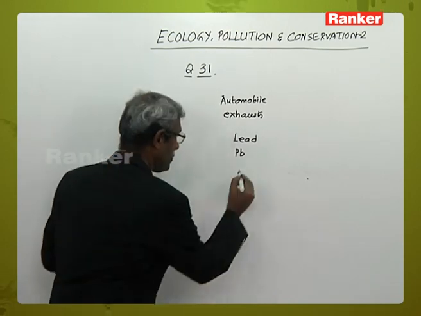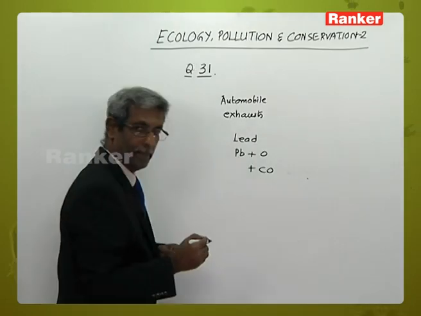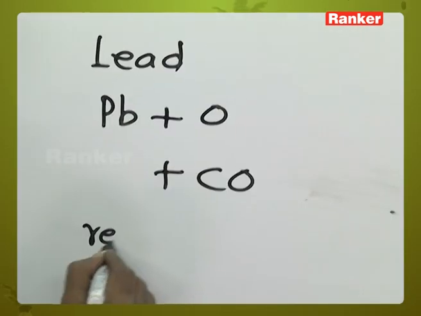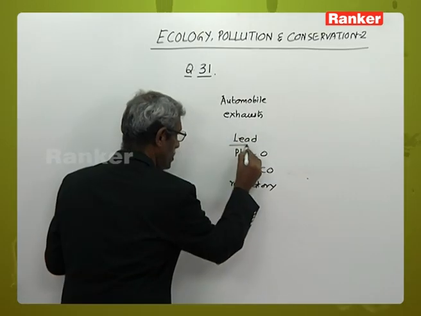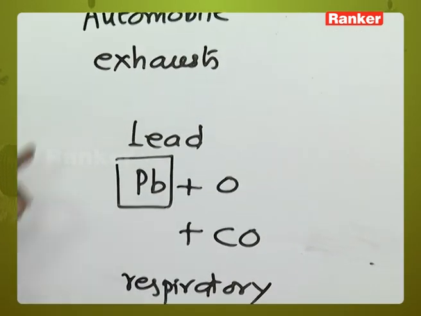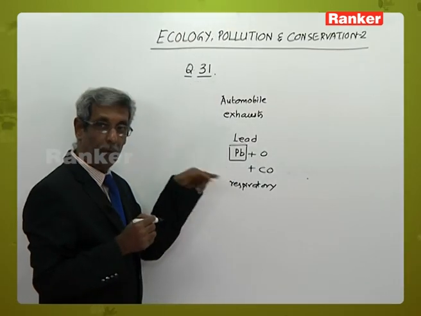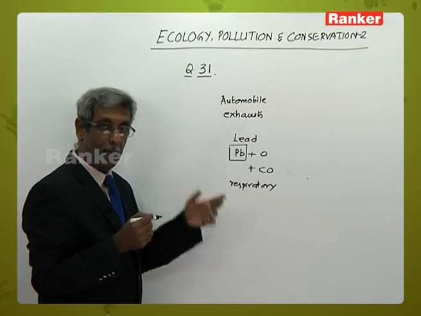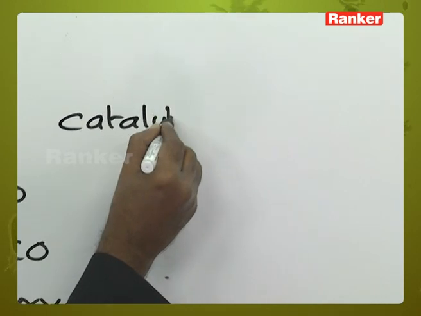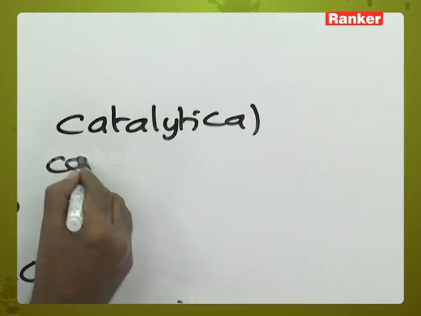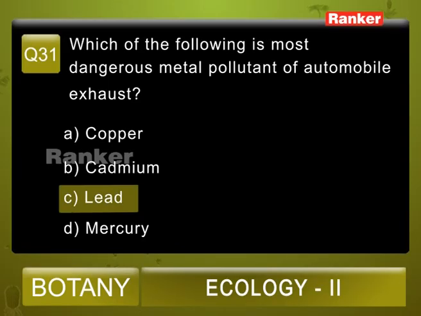So, lead combines with oxygen as well as it also combines with carbon monoxide and causes respiratory problems. So, the most toxic element in automobile exhaust is primarily lead, and to remove lead from an automobile exhaust you use a catalytic converter. The answer is C.